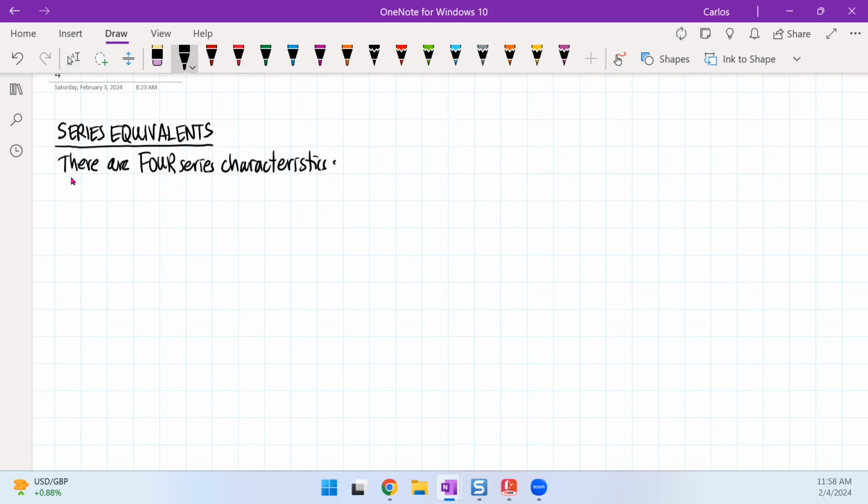And we ask the following questions. How do resistors add in series? How do currents add in series?